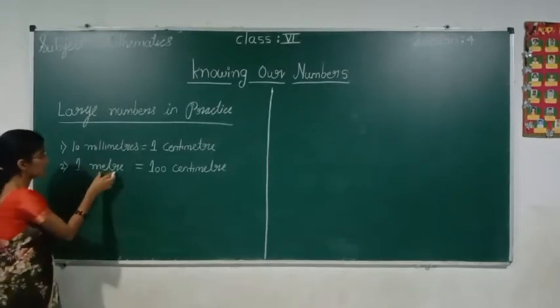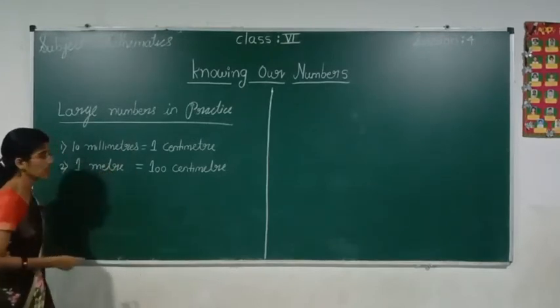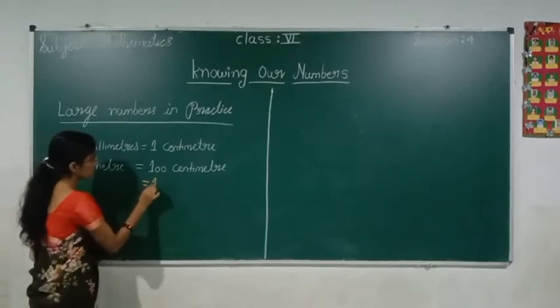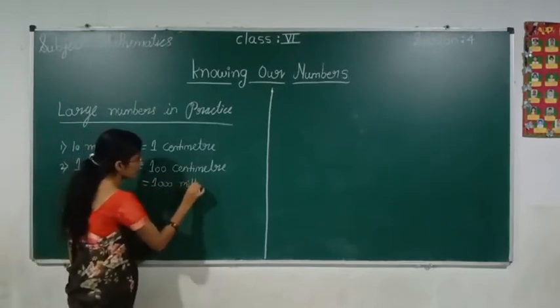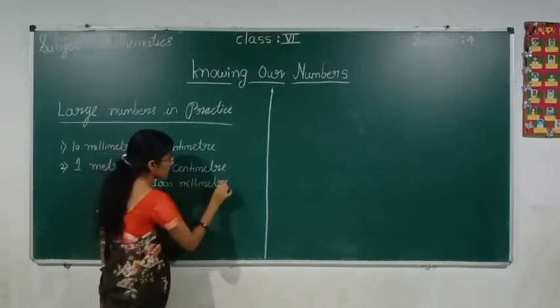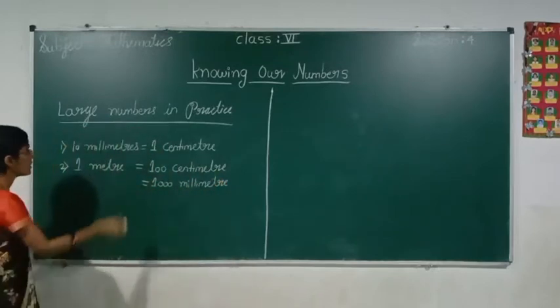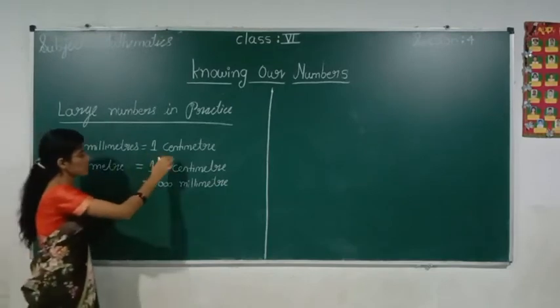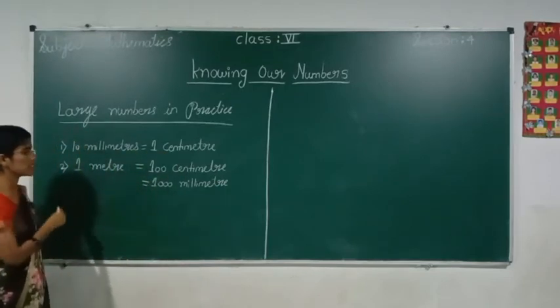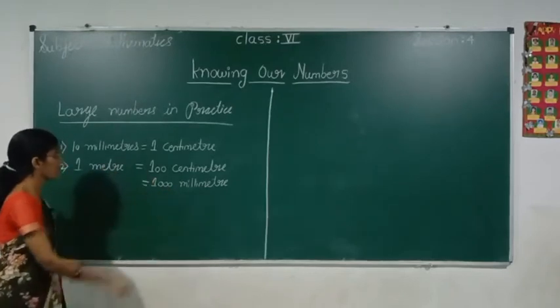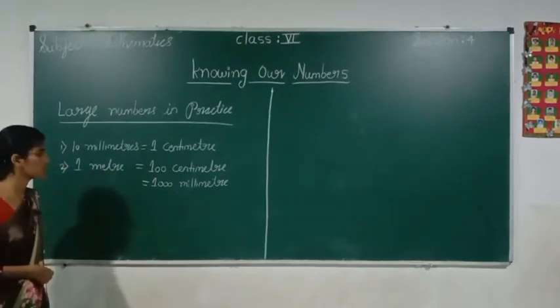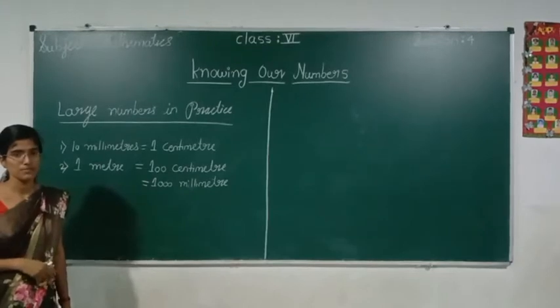If you write this meter in terms of millimeters, it will become 1000 millimeters. See, 10 millimeters is 1 centimeter, 1 meter is 100 centimeters. If you write this in terms of millimeters, 1 meter is equal to 1000 millimeters.